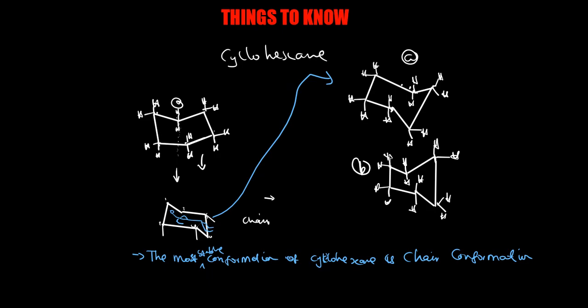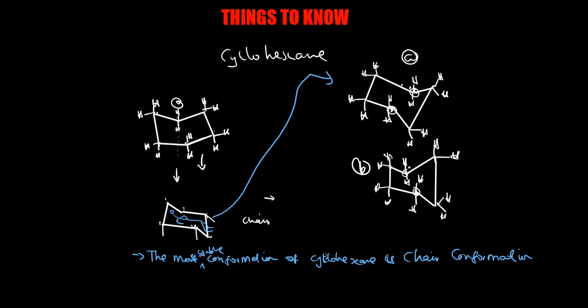So the difference is only at this joint. The one is long on the top, while this one is short on the top. So the difference is on these carbons. This one is on this side, and this one is here. So you can see the difference here. These are the two conformations that we have.